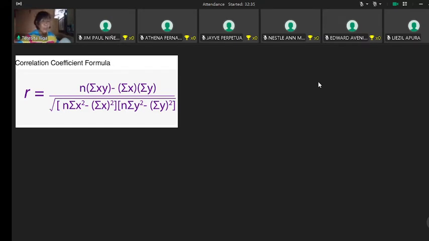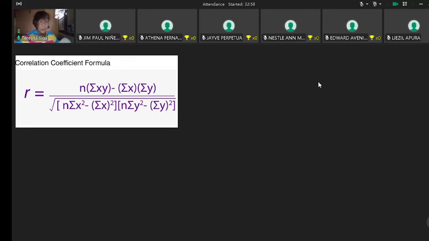Okay, supposing our answer for the second equation is -1. From the answer, we can say that we were able to get a negative correlation because our answer is negative. So with the answer of -1, it is a negative correlation.